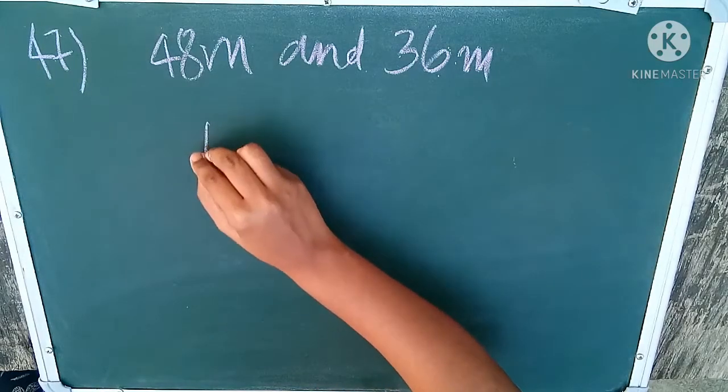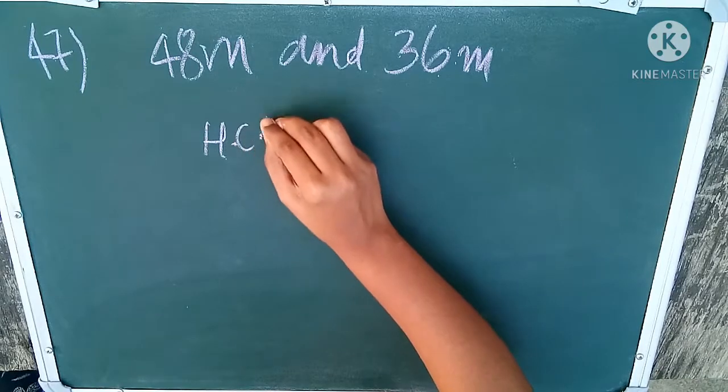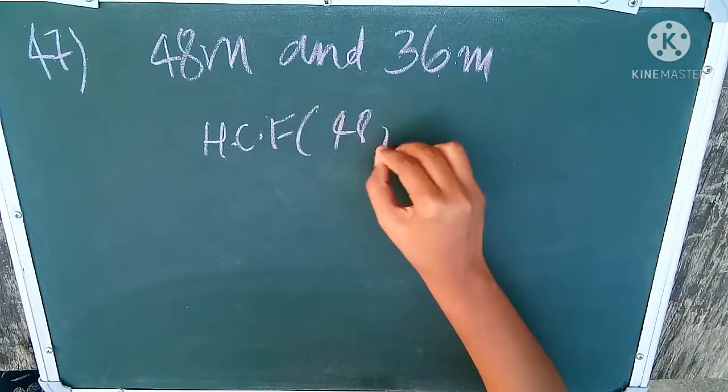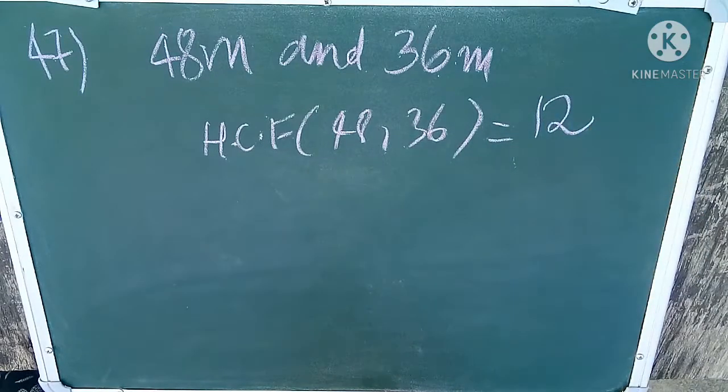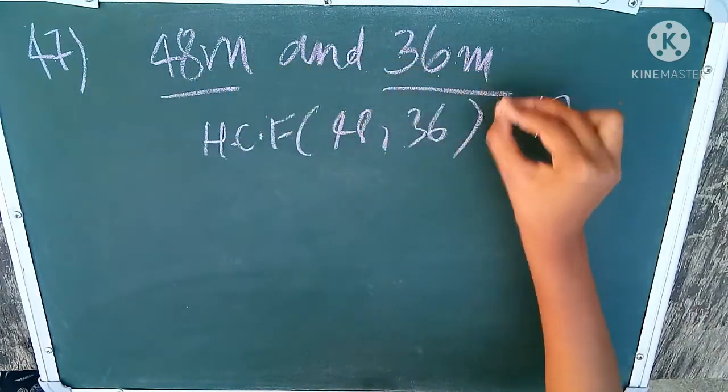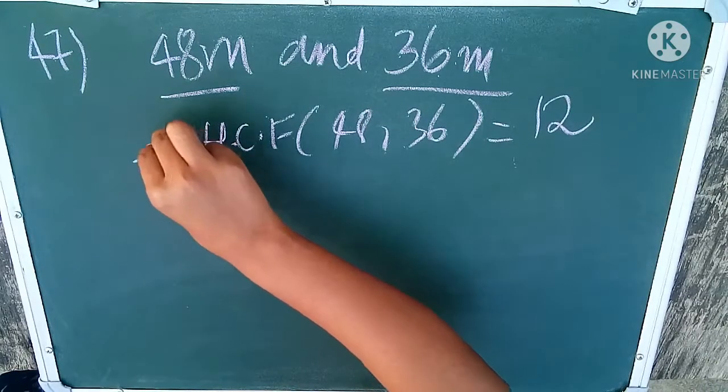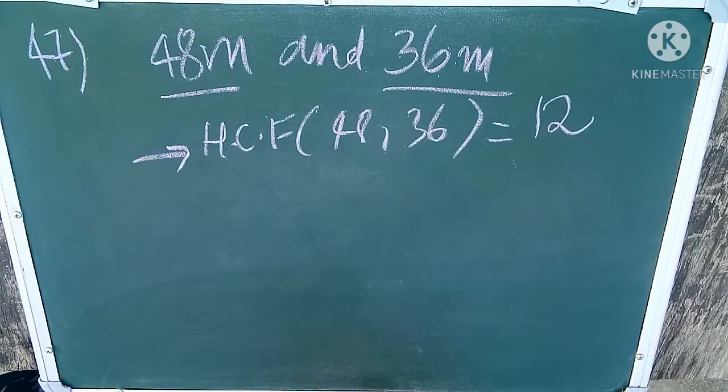So here the HCF of 48 and 36 is equal to 12. Thus we can say that 12 meter is the maximum possible length of the rope which can measure both 48 meter and 36 meter. So this process of finding HCF we have to arrange in the correct order according to the given options in the question.